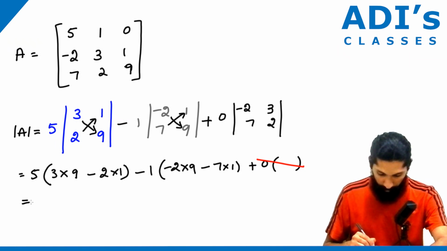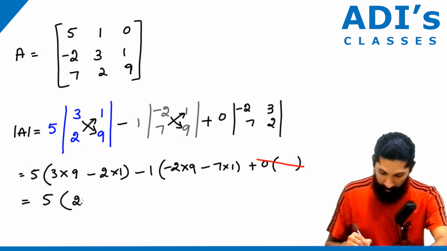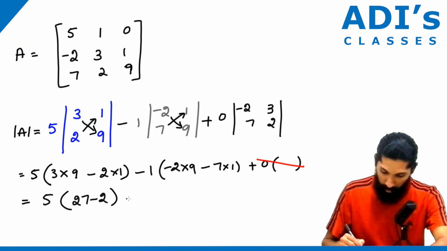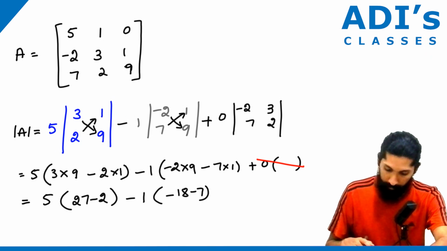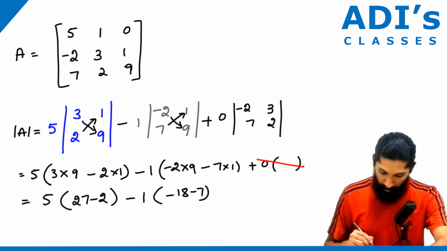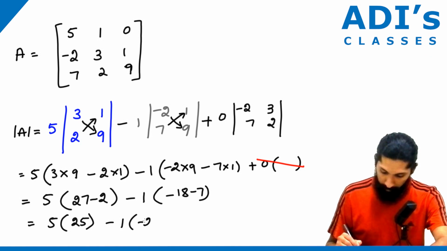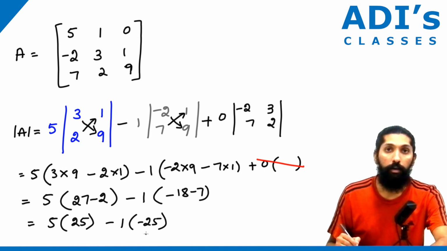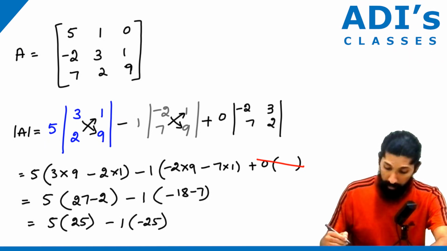Now the next one here. This is going to become 5 into 27 minus 2 minus 1 into minus 18 minus 7. So this becomes 5 into 25 minus 1 into minus 25. Correct. Now minus of minus becomes plus.